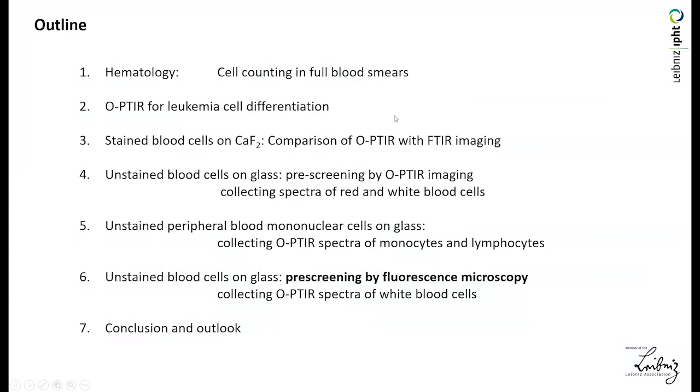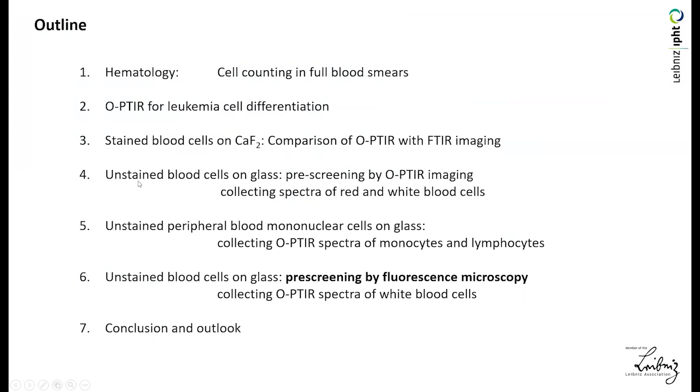Second, I will refer to a recent paper of O-PTIR for leukemia cell identification. And then I will start with a comparison of O-PTIR and FTIR imaging for stained blood cells on calcium fluoride.